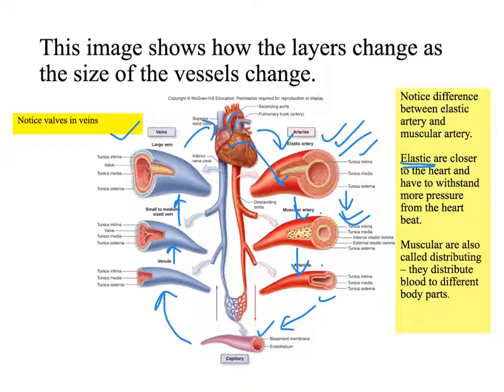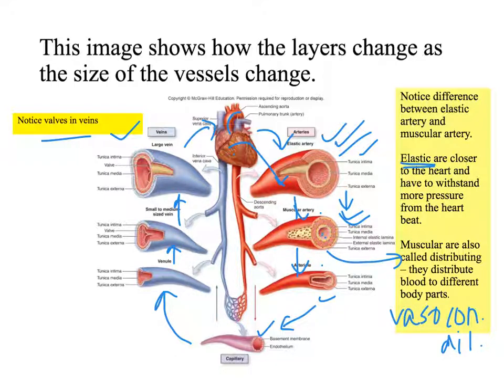Now, muscular arteries are also called distributing arteries, and what they can do is vasoconstrict or vasodilate, and I have this on the next slide. So the size of them can change, so they can open and close the hole and control blood flow. Another thing I wanted you to notice on this picture is that the veins have valves.